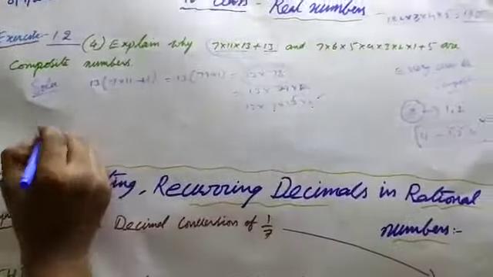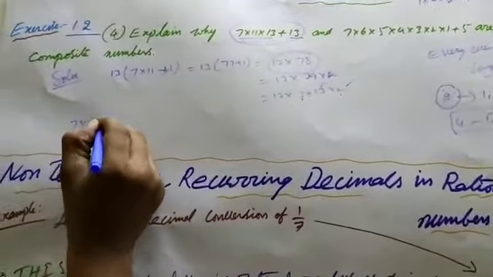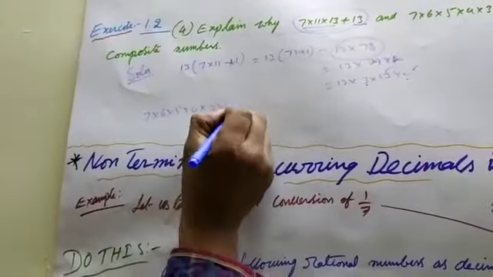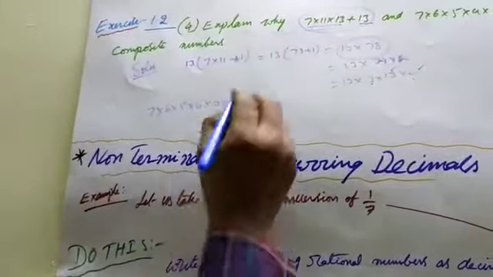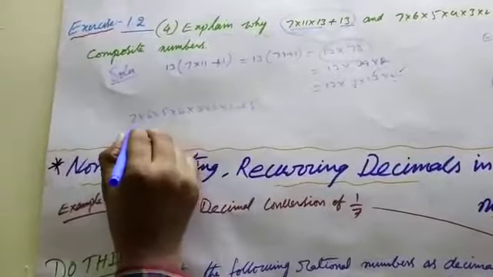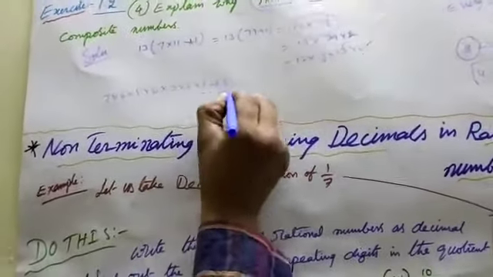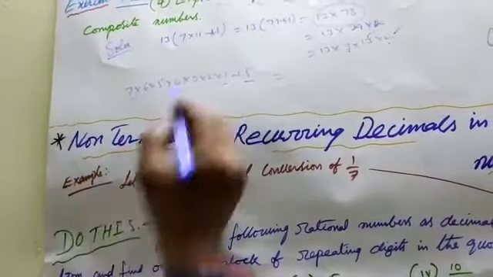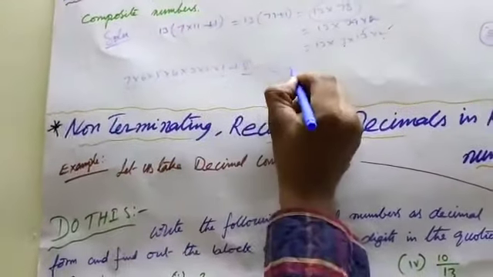And see, 7 into 6 into 5 into 4 into 3 into 2 into 1 plus 5. This is treated as one number and this is another number; from the two numbers, 5 is common.